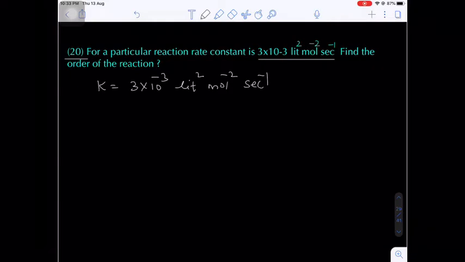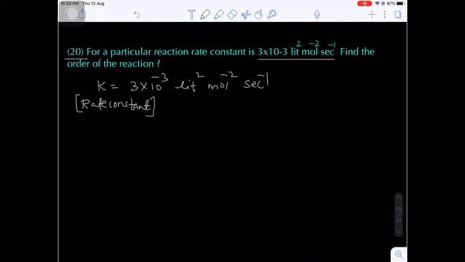Now this is the first method to determine the order of a reaction with the help of a rate constant. If in the question the rate constant value is given, it is very easy to calculate the order of a reaction. In the previous lecture I explained the rate constant units for nth order reaction.